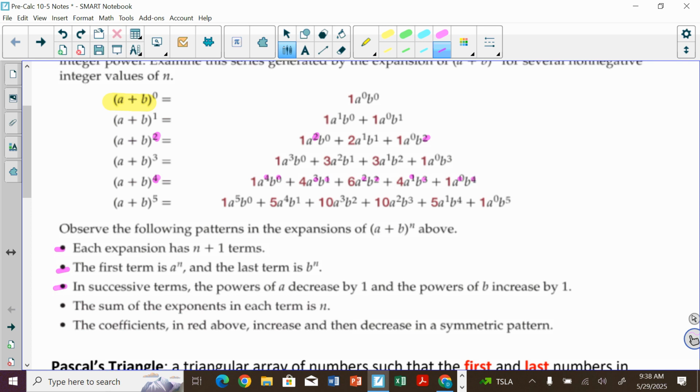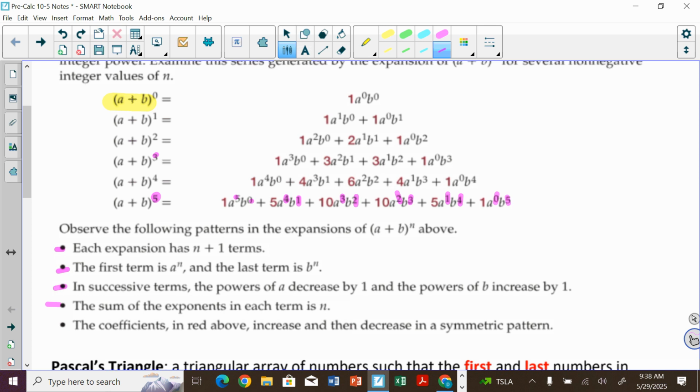Okay? And the sum of the exponents of each term is equal to n. Let's actually look at the fifth power. It's easier to see. When I add up the exponents, 5 plus 0 is 5, 4 plus 1 is 5, 3 plus 2 is 5, 2 plus 3, 1 plus 4, 0 plus 5.